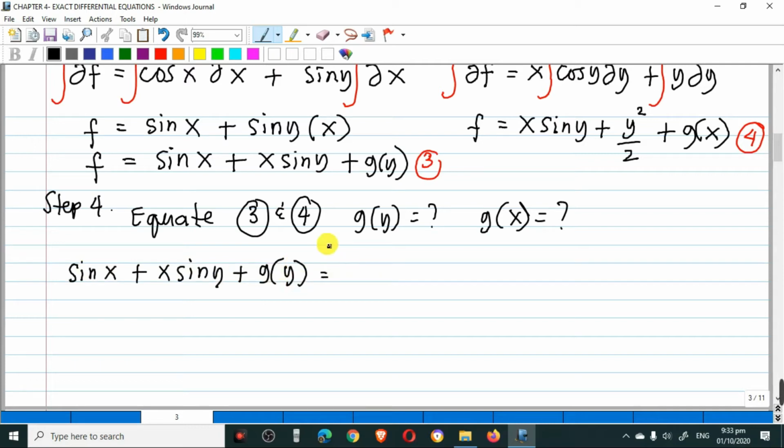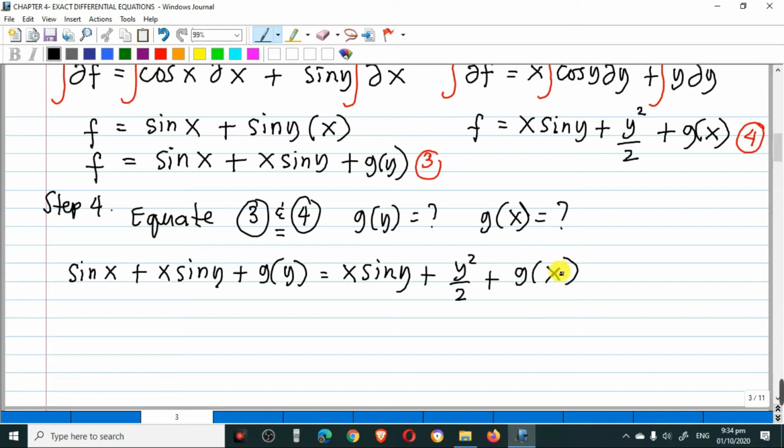And this is equals to equation number 4, which is x sine of y plus y squared over 2. Okay, sorry for this. Or simply 1 half multiplied by y squared, or simply y squared over 2. And this is plus the constant gx.